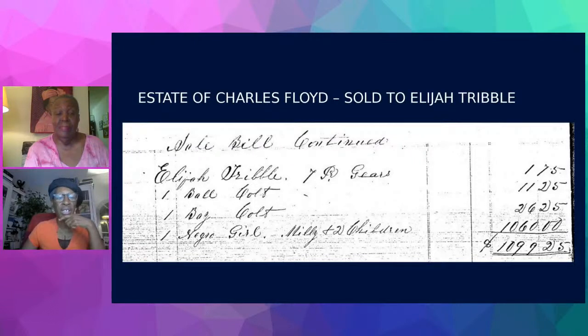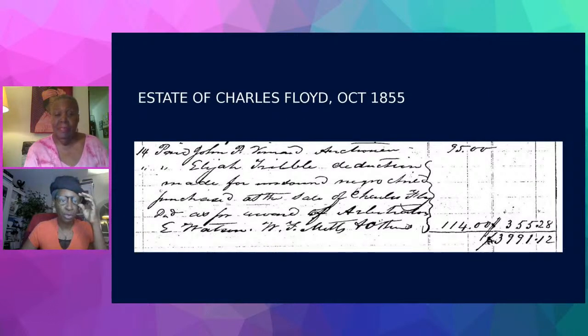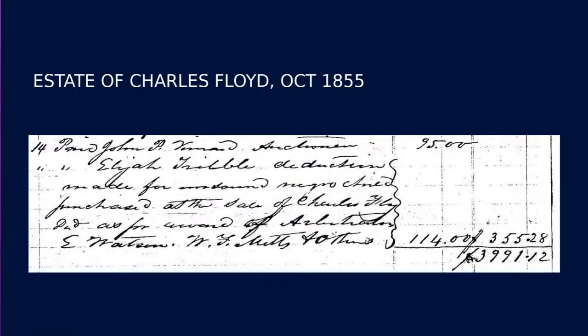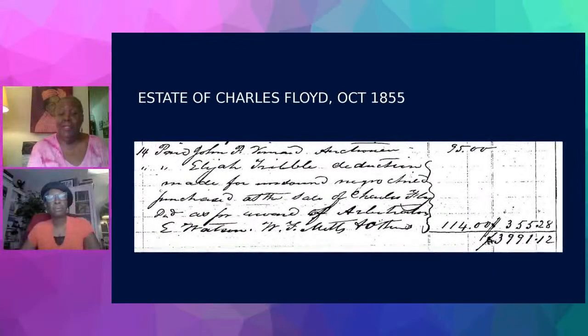And then you have this one from the estate of Charles Floyd, 1855. What are we looking at here? Elijah Tribble received a deduction because of one unsound Negro child. They could not find, and neither have I been able to document, what happened to Patrick.